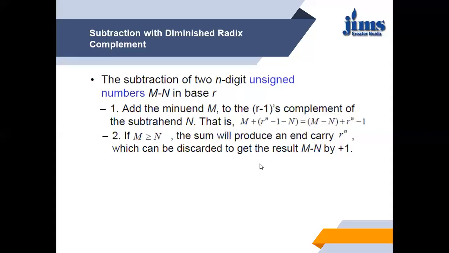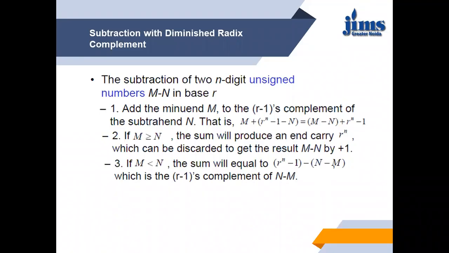In the case of 2's complement, we were just discarding the end carry. In this case, we have to add that carry to the sum, and the final sum after adding 1 will be your final result.